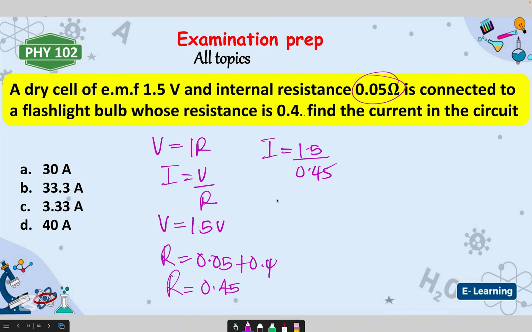So I equals 1.5 divided by 0.45, which gave 3.3 ampere. So the current flowing through is 3.33 ampere. Option C is the correct answer. It's a very simple one, right? Exactly. Let us look at the next one.